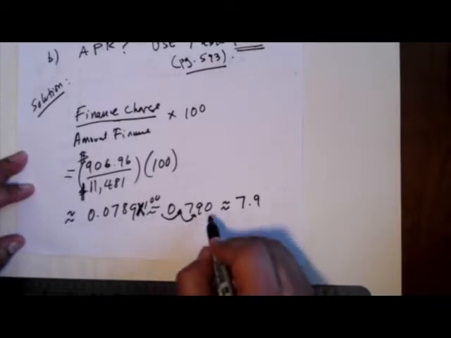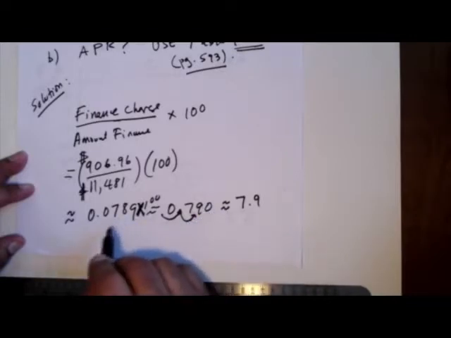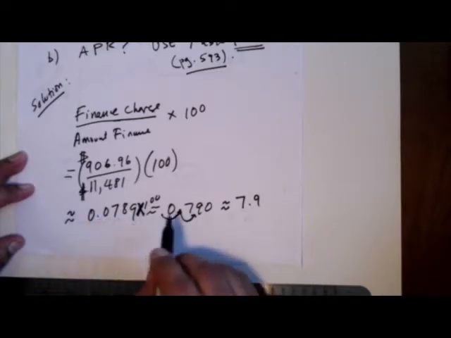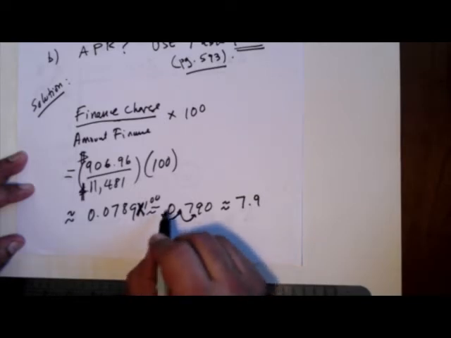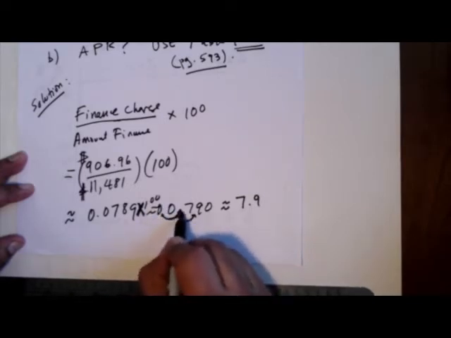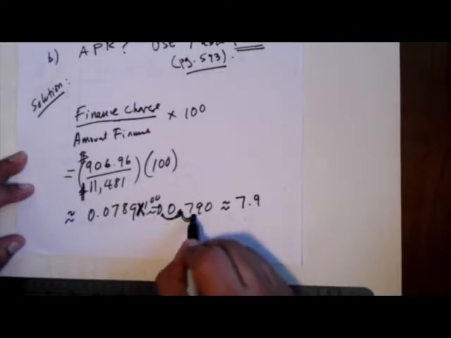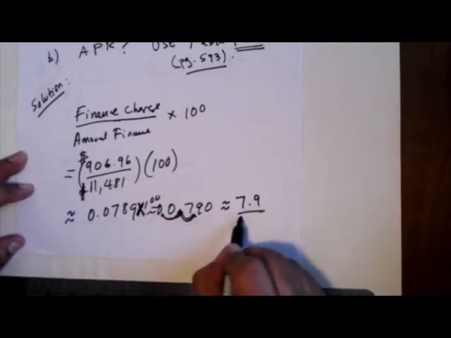Basically here what you need to do is move the decimal point 2 places to the right. So you move it 1 place, 2 places, so the answer will be 79.